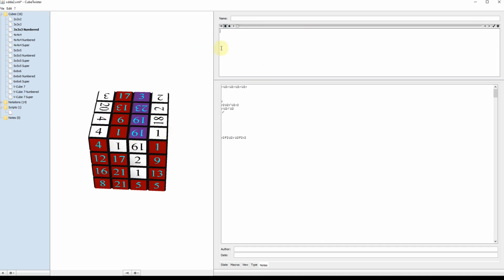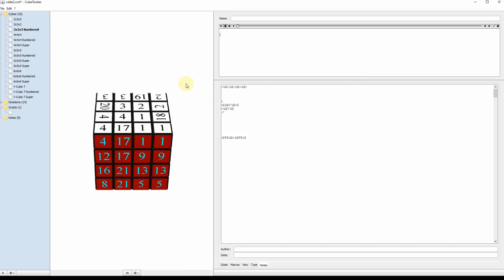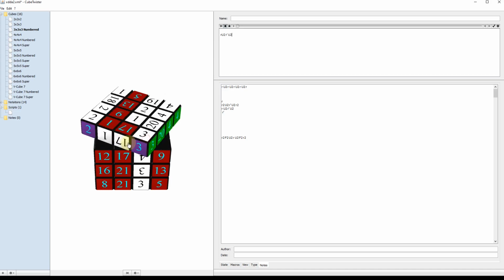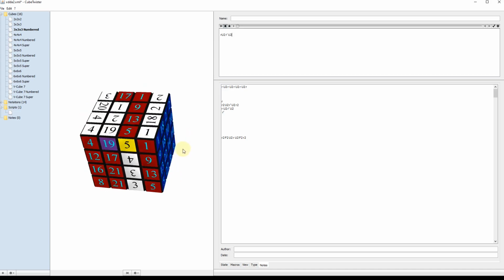And an easy way to do that is actually not to use inner slice turns. It's easier to analyze the center algorithm by using outer slice turns, because when we use inner slice turns and you go up and then over and then down, you have to do that U2 and it looks really messy, right?